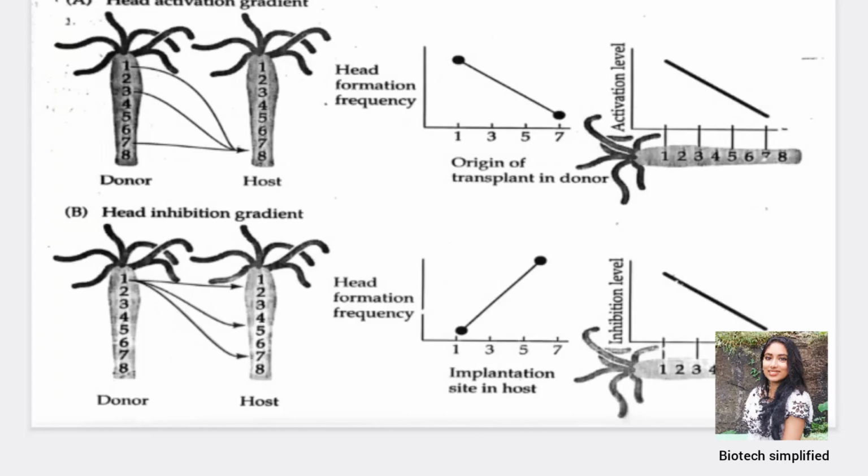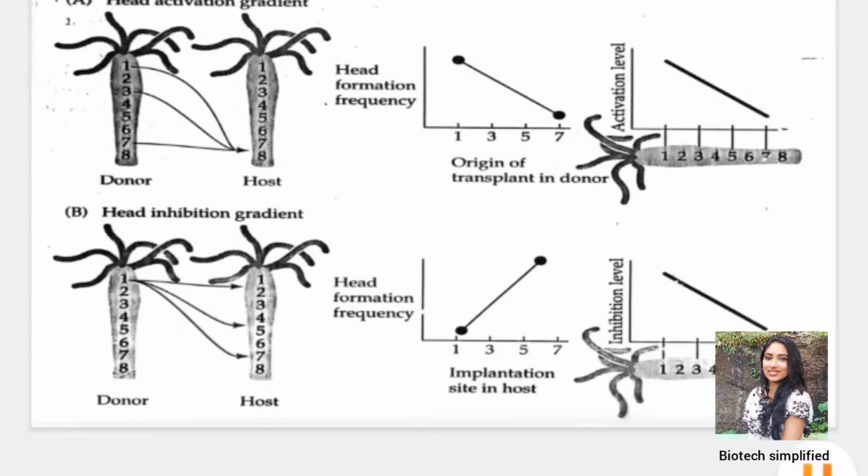The region with the substance present in the head is termed the head activating gradient, and the substance present in the foot is termed the foot activating gradient. And these two gradients inhibit each other, that is, the head activating gradient inhibits the foot activating gradient, and vice versa.